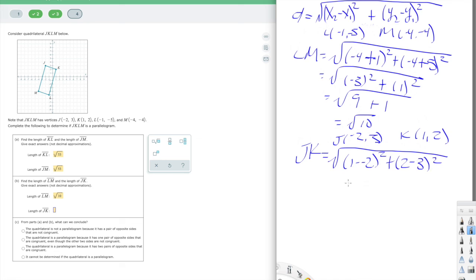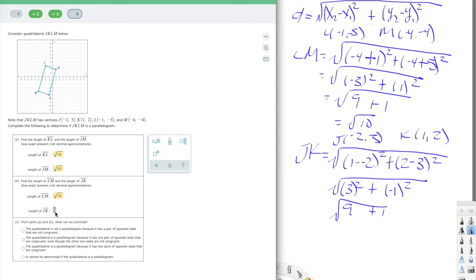So I'm going to end up with 3 squared plus negative 1 squared. Well, when we square it, just because they're backwards, it's not going to make any difference, because if you notice this became positive, same thing. It'll be 9 and it'll be 1 again. So we ended up with the same thing.